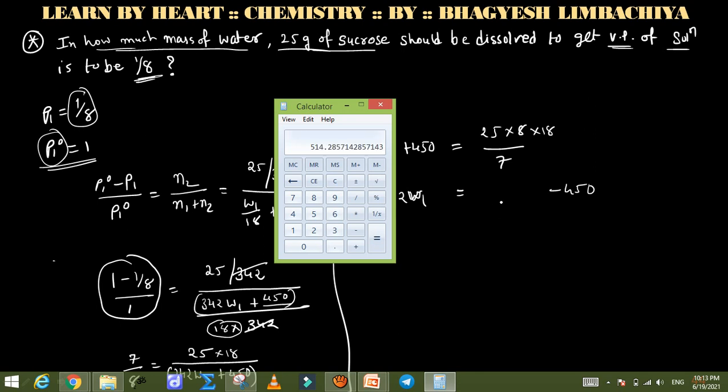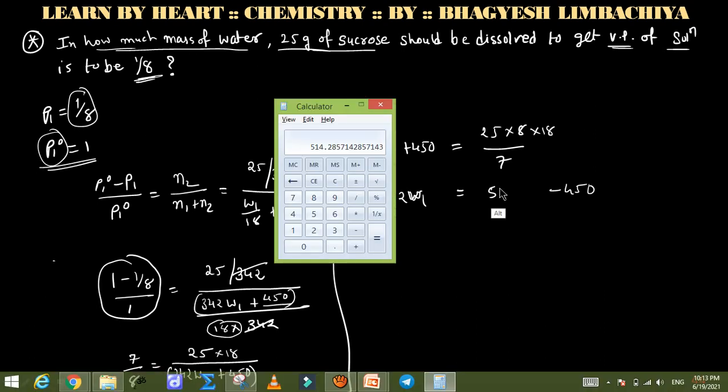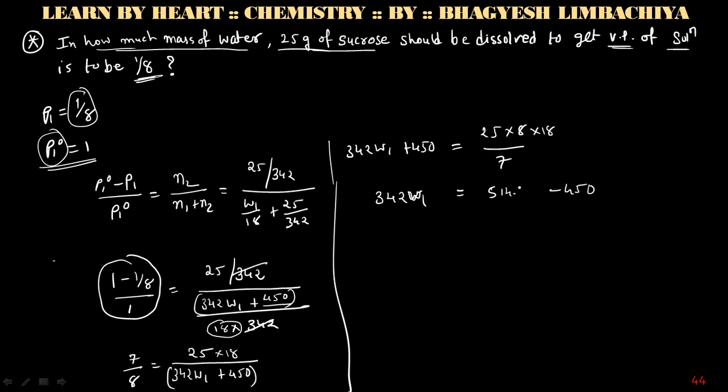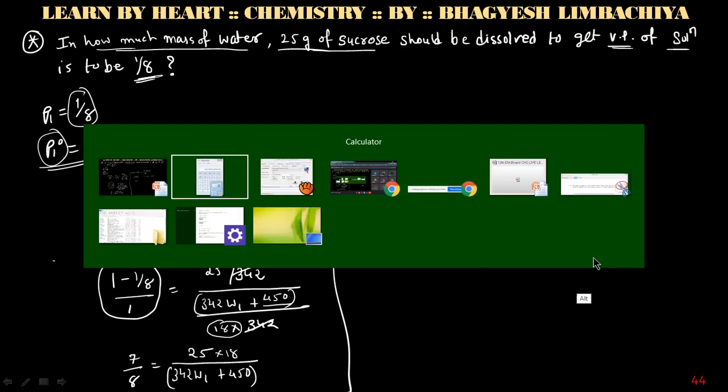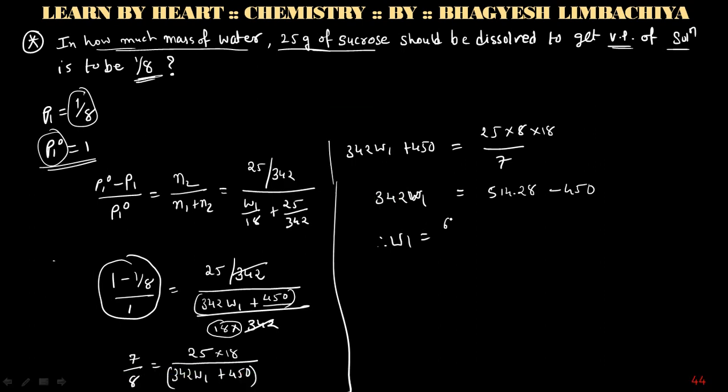So 514.28. So that W1 equals 514.28 minus 450, it is 64.28, divided by 342.